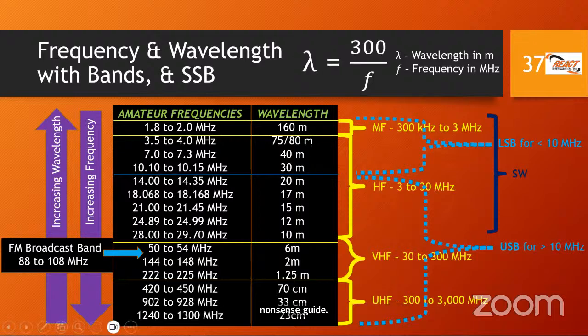This is our trusty table that talks about MF for medium frequency, HF for high frequency, VHF very high frequency, UHF ultra high frequency, and the various amateur frequencies, 1.8 to 2 megahertz, 3.5 to 4 megahertz, as well as the 160 meter band, 80 meter band, 20 meter band, 6 meter band, 2 meter band, and so on. Good, handy chart to help you until you know this by heart or second nature.